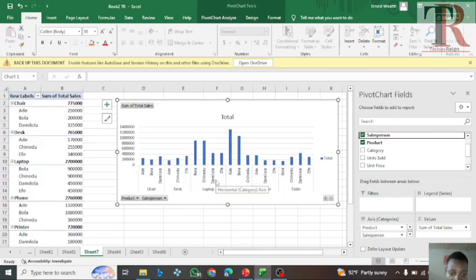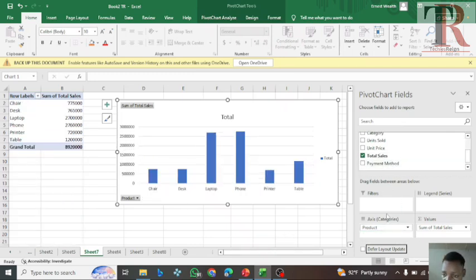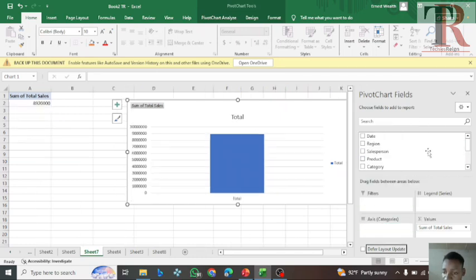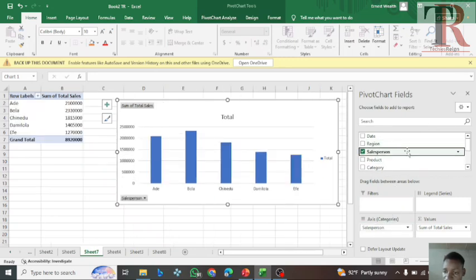The product that a salesperson sells the most. Okay, let me replace this product, remove field, put salesperson first, and then product second.